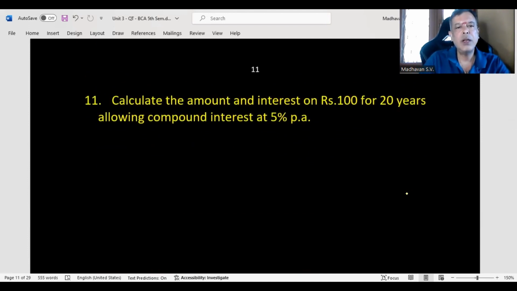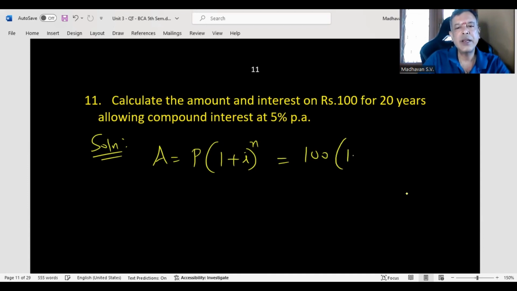Calculate the amount and interest on ₹100 for 20 years, allowing compound interest at 5% per annum. We know the amount can be calculated by using the formula P times (1 plus i) to the power of n on compounding basis. Here the principal is given as 100, interest rate is given as 5%, period is given as 20.